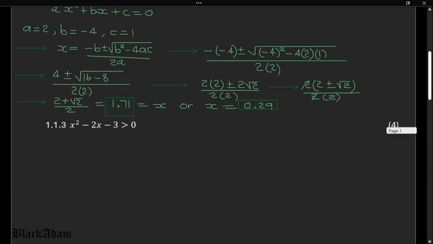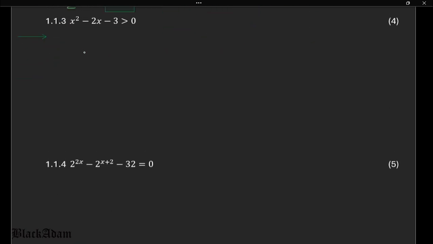And next we move on to the next question, 1.1.3. We have x squared minus 2x minus 3 greater than 0, and then we factor out our factors there. We have x and x, and then we have negative 3 and 1, the product of 3 and negative 1, to give us negative 2 as the sum of the two.